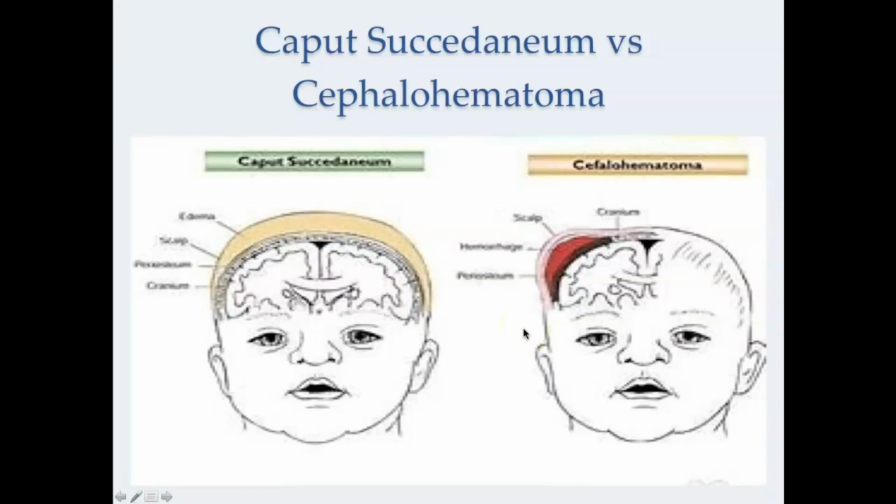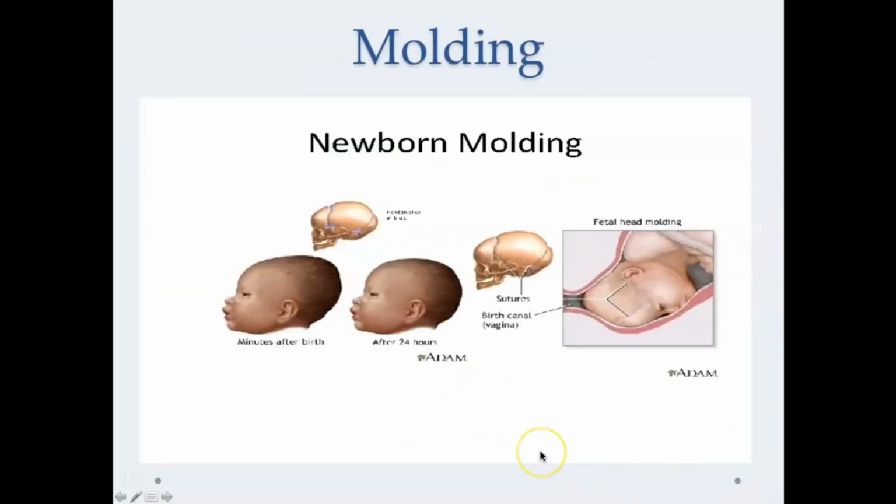Where the cephalhematoma does not, it's usually unilateral, only occurring on one side, and it will not cross the suture line. And this is showing what molding is, where the baby has more of an elongated shape in their head. After birth, you're going to notice it the most. Within 24 hours, it will resolve and they will have more of a symmetrical round shape to their head.